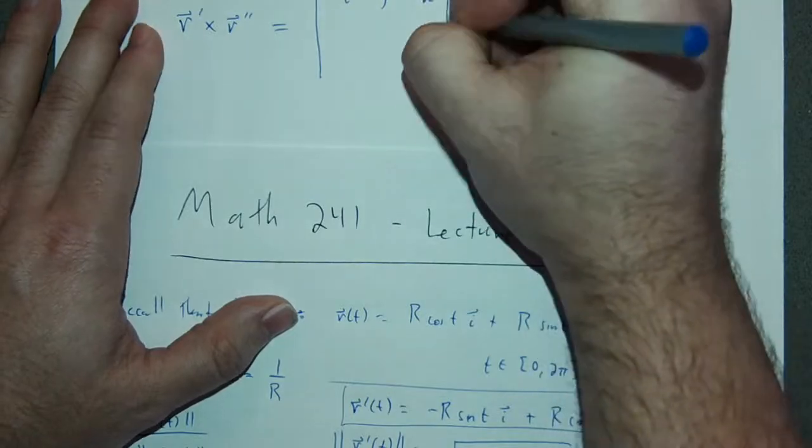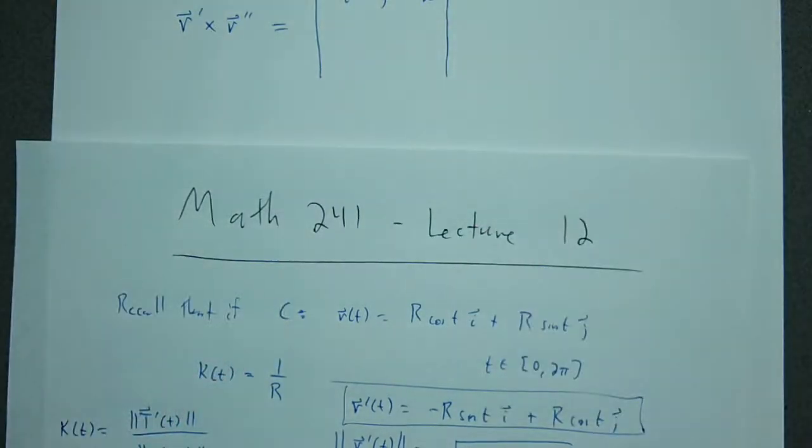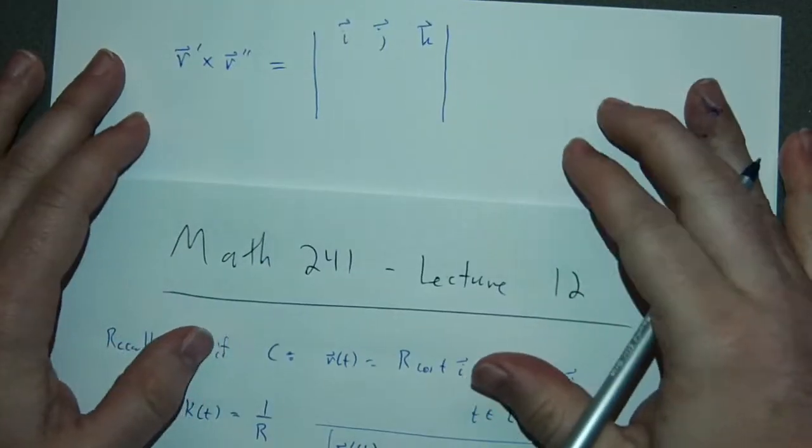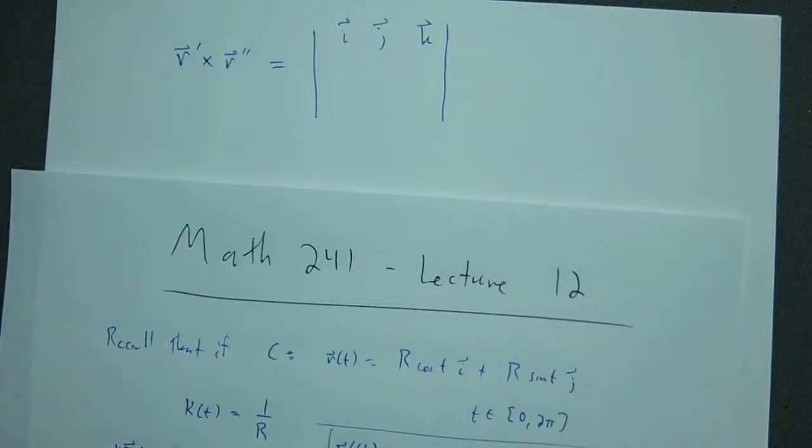We're crossing vector valued functions here, which I can't remember if we did. We might have done a single example of this for vector valued functions. It works the exact same way as for vectors; you're just doing this pointwise.